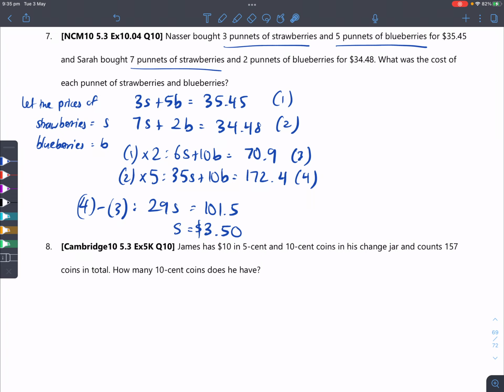Whereas for blueberries, you're just going to substitute it back in here. So I'll sub into equation 1, which means that I'll have 3 times $3.50 plus 5B equals 35.45. I can simplify this.